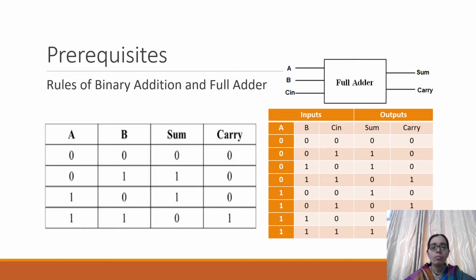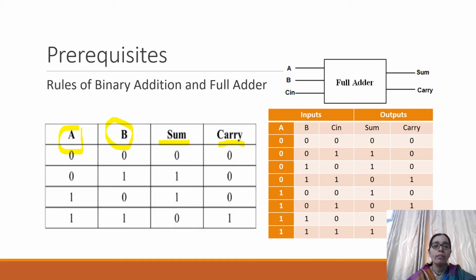As we can observe here, binary addition is used to add two numbers. Here A and B are the two numbers that I have taken and the output is sum and carry. So this is 2-bit addition. Whenever A and B are 0, sum is 0 and carry is 0.